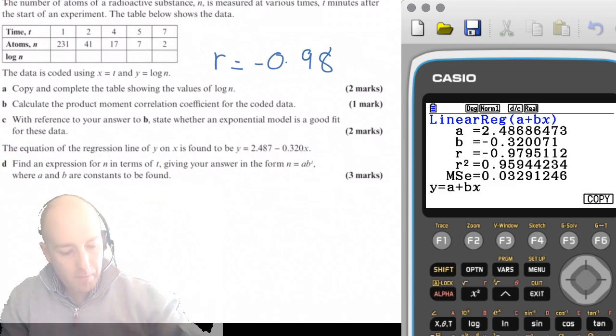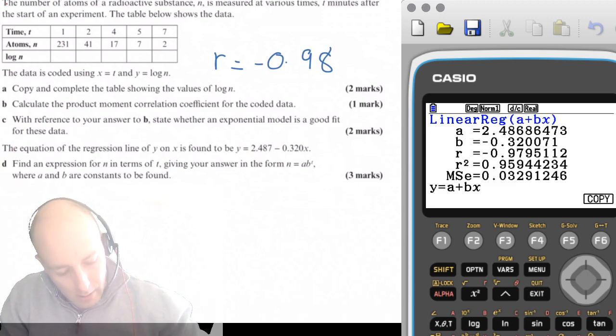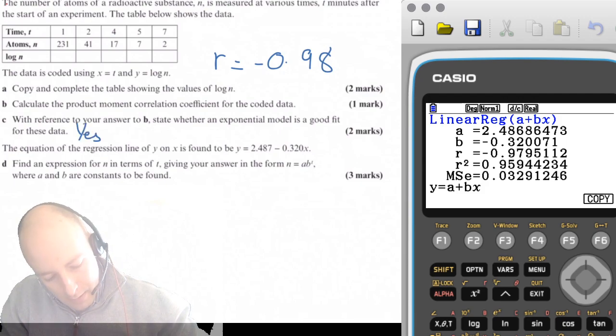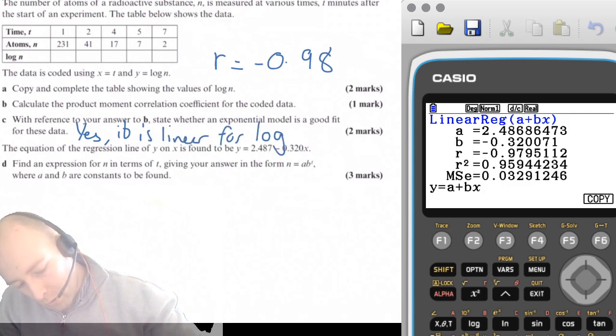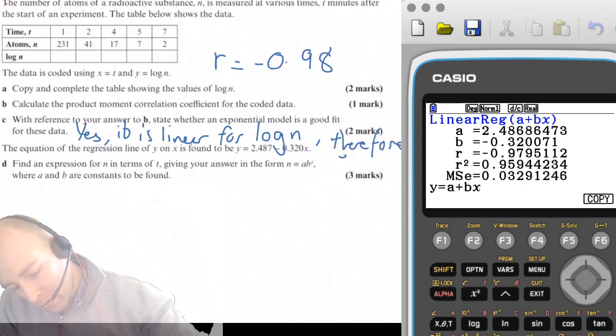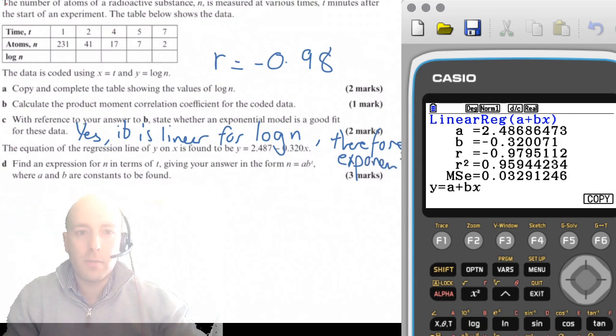So yes, it is linear for log n, therefore exponential for n.